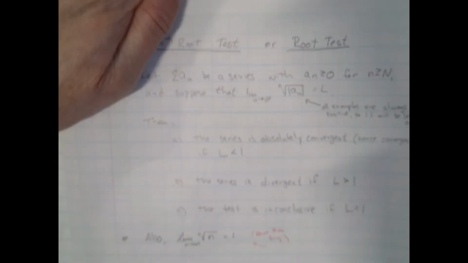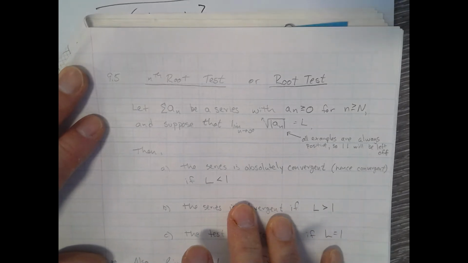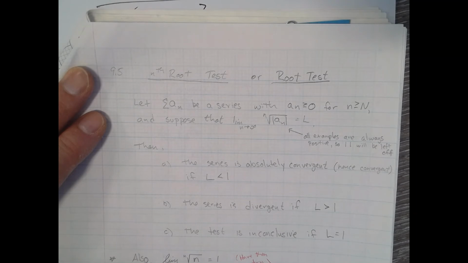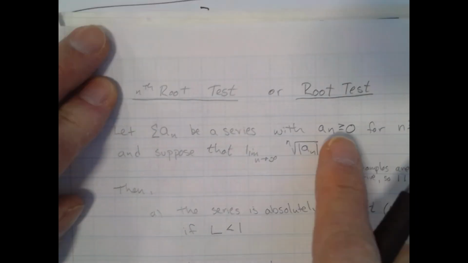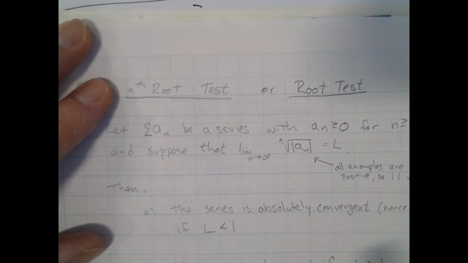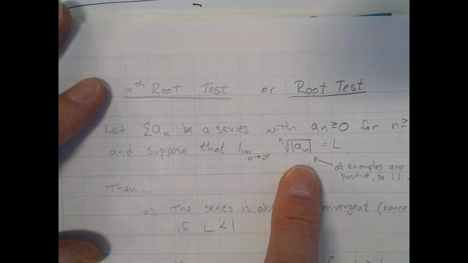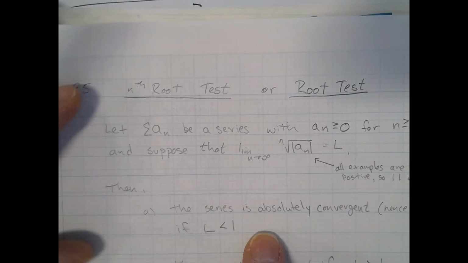Okay, I'm just going to go kind of quickly through the nth root test because it's not as important. I think there are only a few problems toward the end of the assignment. And then I want to close with checking the endpoints. So the nth root test, or the root test, means you take the nth root of whatever series you're looking at and evaluate the limit.